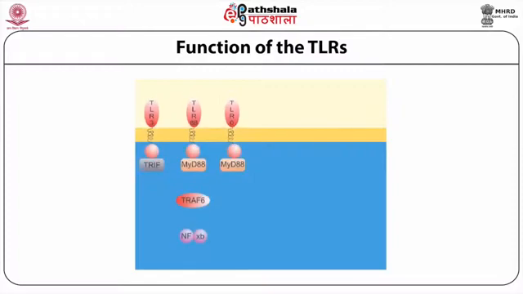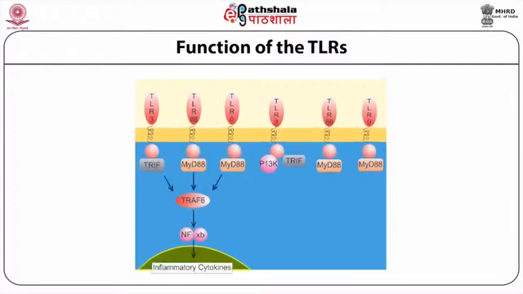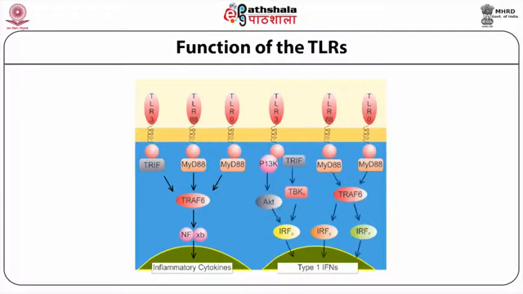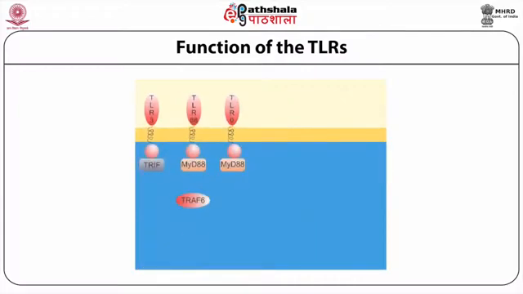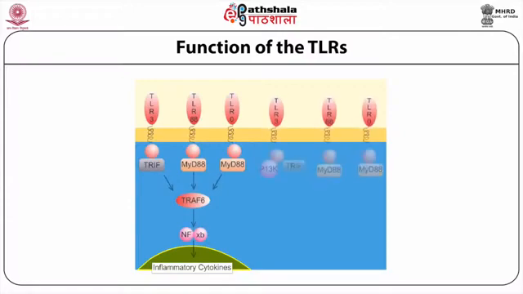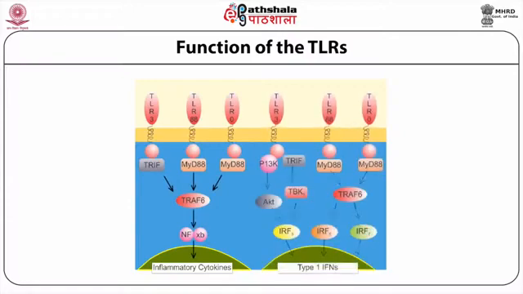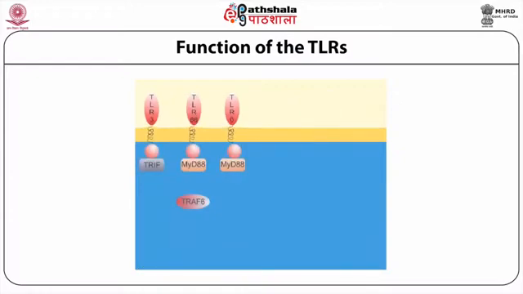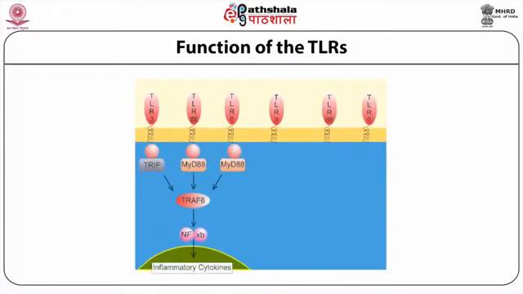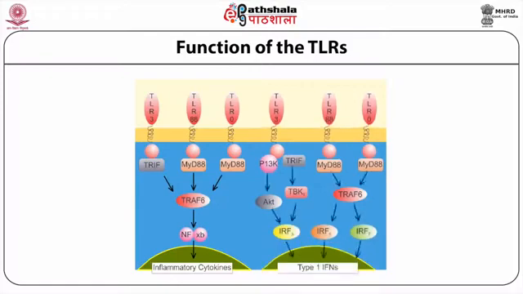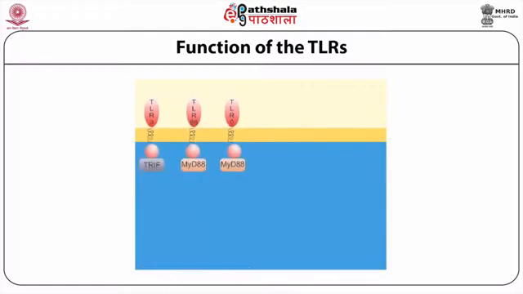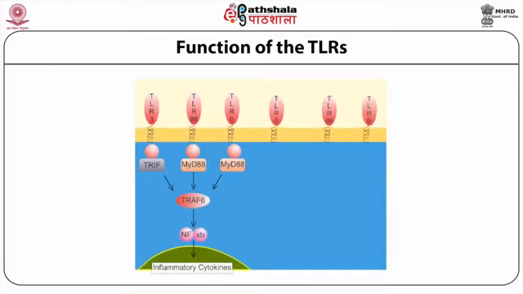Cytokines are again soluble secretory molecules. Production of the cytokines has many consequences. For example, inflammatory response due to cytokines, which include TNF alpha and IL-2. TNF alpha and IL-2 are two important cytokines.